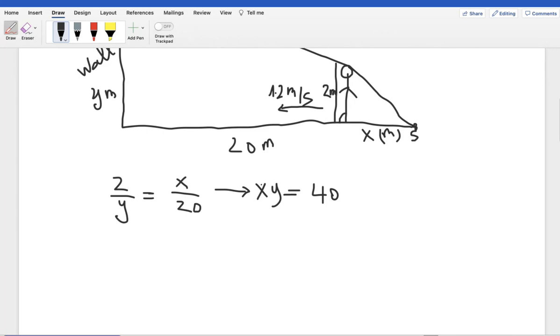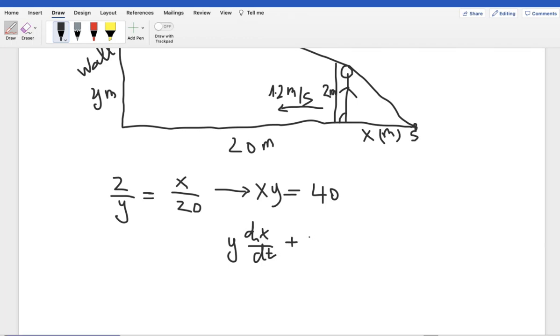When you take the derivative of xy in terms of time, first you take the derivative of x in terms of time, so you have dx dt multiplied by y as a constant. That's the first side.